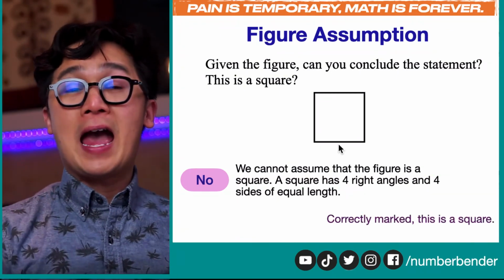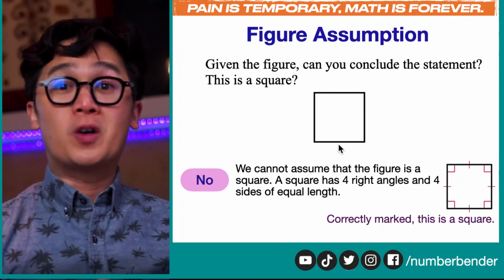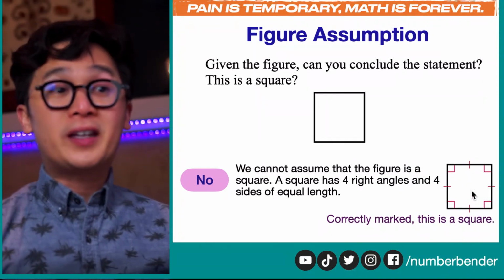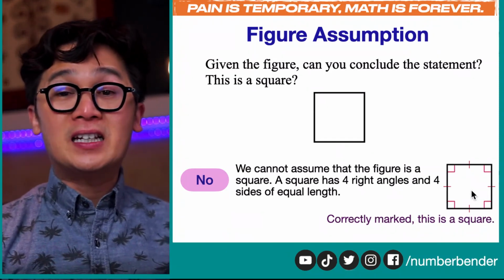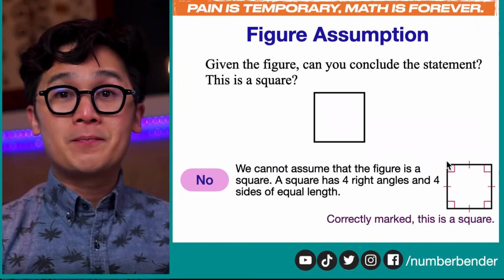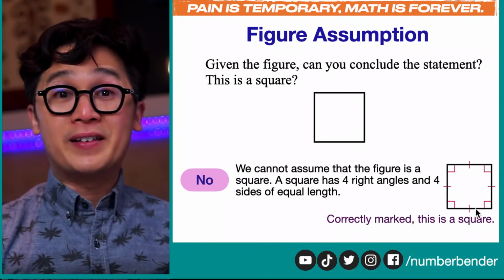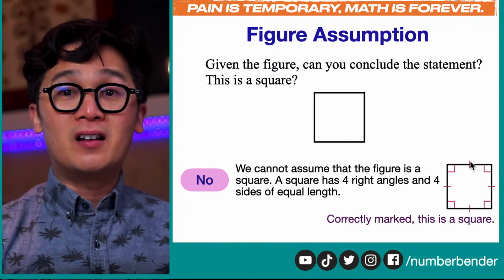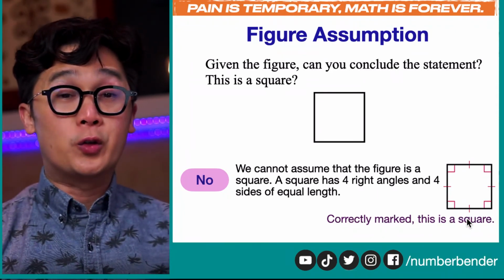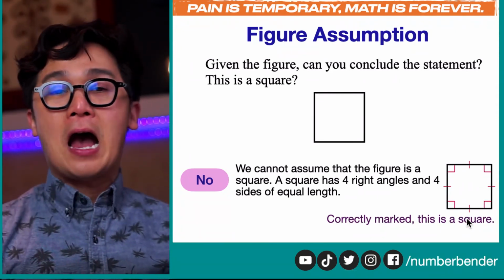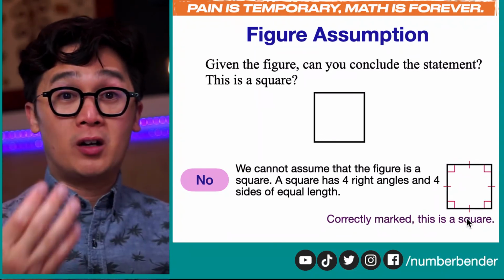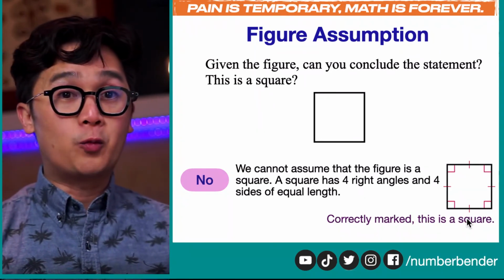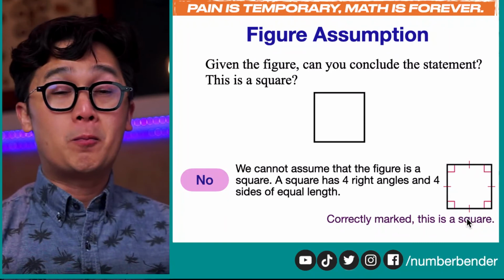However, if we have a figure similar to what we are seeing right now, we can verify that this is indeed a square, because our angles are all 90 degrees and the sides are all congruent. So this is how we use our logical thinking when we are working with geometry problems.